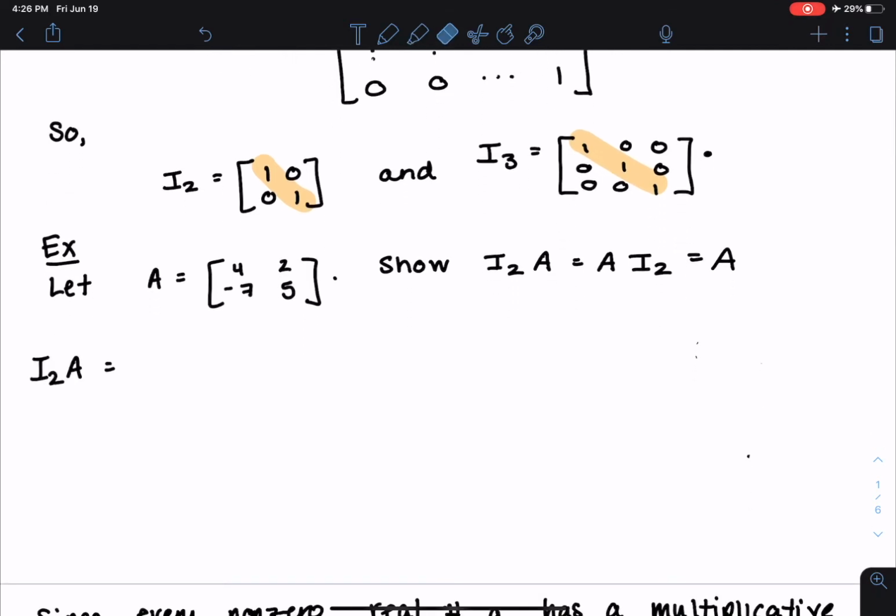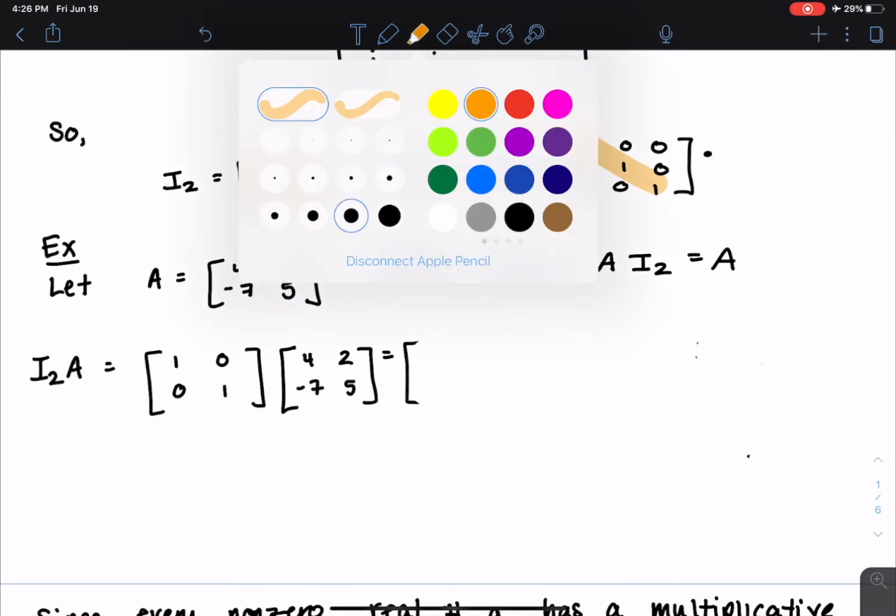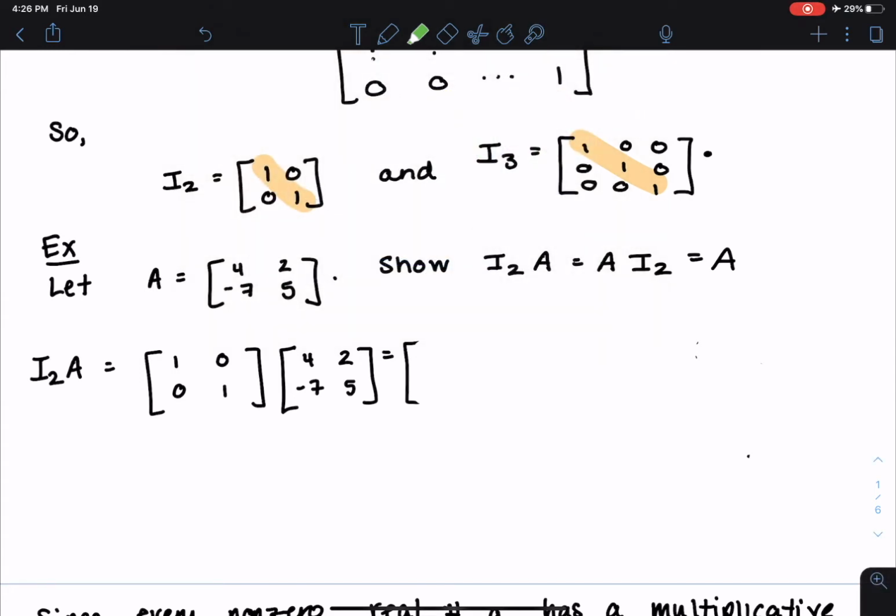So first, let's look at multiplying by the identity on the left. I want to take my identity matrix and times it by my matrix. So we have a process again we have to follow. We're going to highlight these. If I want the first row, first column, I'm going to deal with the first row, first column, and that's going to give me 1 times 4 plus 0 times 7.